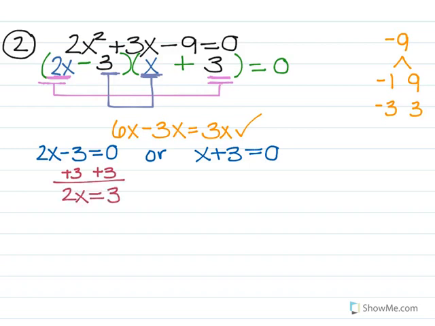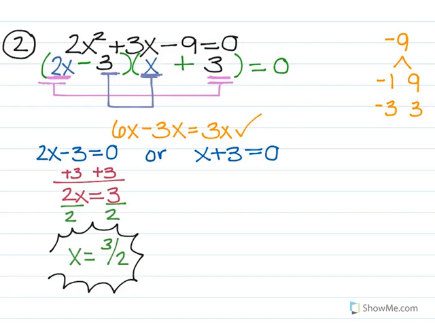So you're left with 2x equals 3. Then you're going to divide both sides by 2, and you're going to end up with the fraction 3/2, or if you prefer decimals, you can keep it as the decimal answer. Up to you.